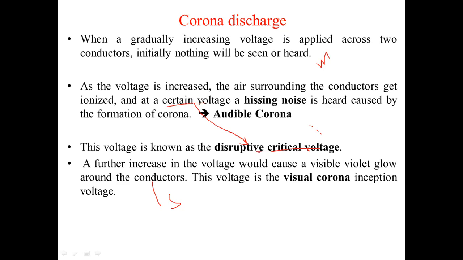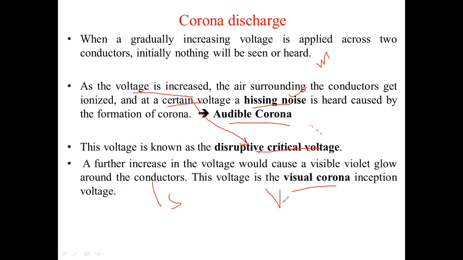When we increase the applied voltage, a hissing noise will be heard, and we call it the audible corona. But it doesn't mean that at the same time the glow will occur. The voltage required to start the visual corona is greater than that of the audible corona.